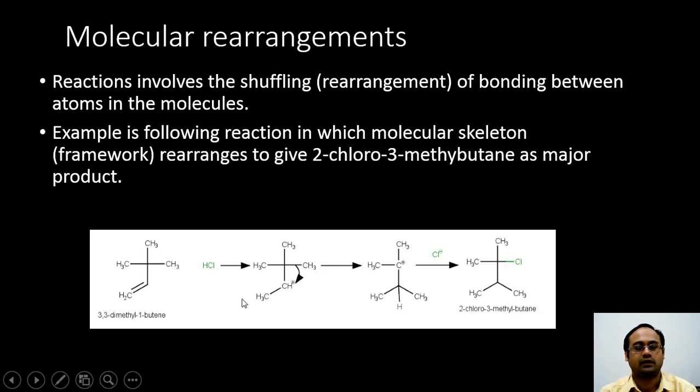This will be followed by the formation of a carbocation, but the initially formed carbocation is a secondary carbocation which rearranges into a tertiary carbocation because this is more stable, and this is then further attacked by the chloride ion to give the 2-chloro-2,3-dimethylbutane. In this we see that the carbon skeleton has rearranged itself into a more stable product. So this can be called a rearrangement reaction.